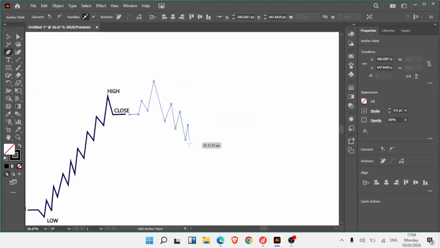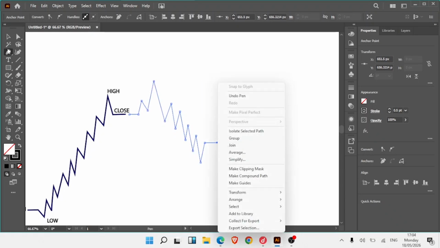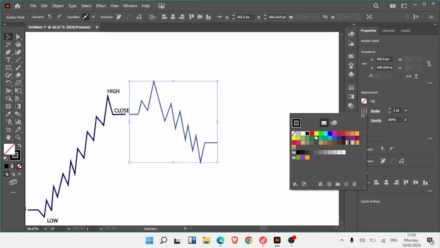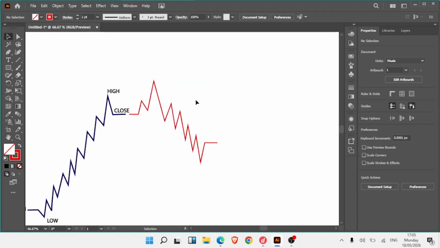Then we have a bearish market structure, and maybe price closes like that. So we want a bearish color because these are short-term bearish candles.